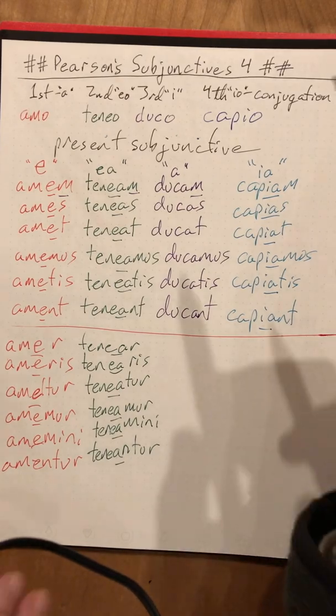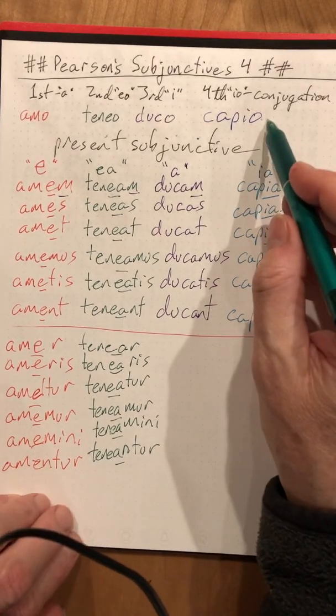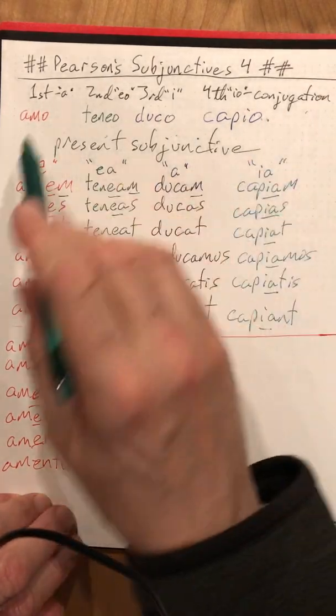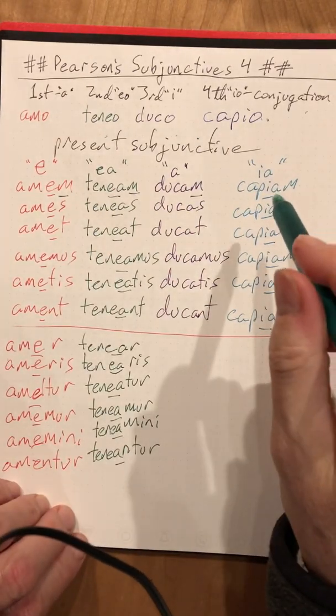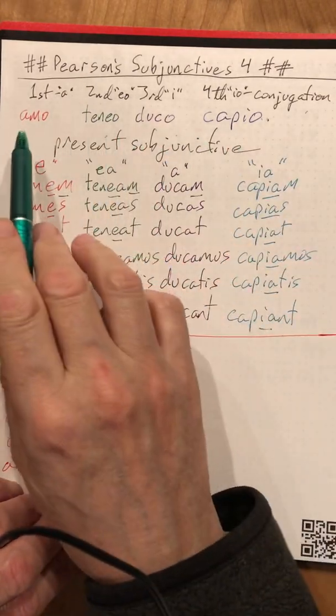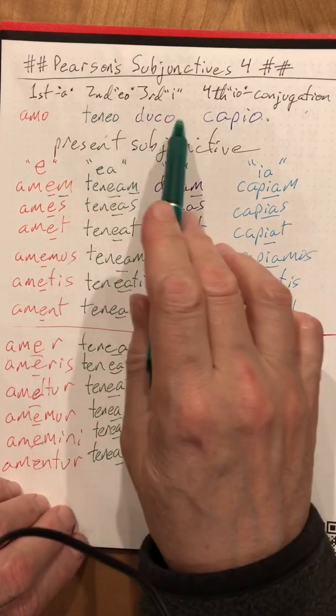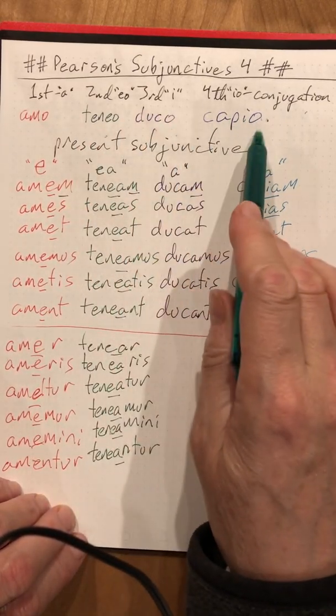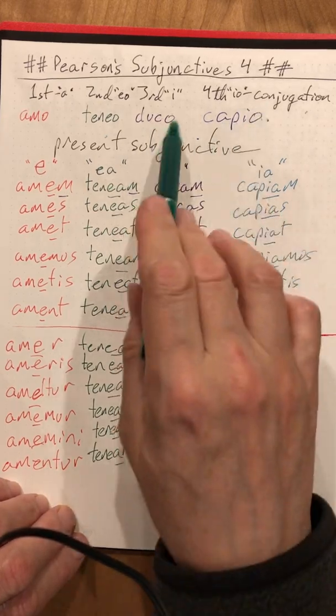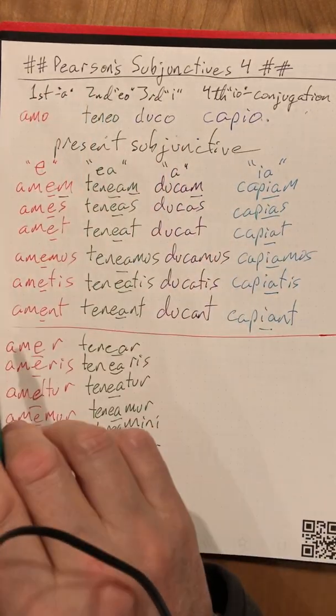And you just have to remember, you need to know the principal parts of a verb to know what verb group it is in. So you look at the first two principal parts: amo, amare; teneo, tenere; duco, ducere; capio, capere. That tells you what verb group they belong to.